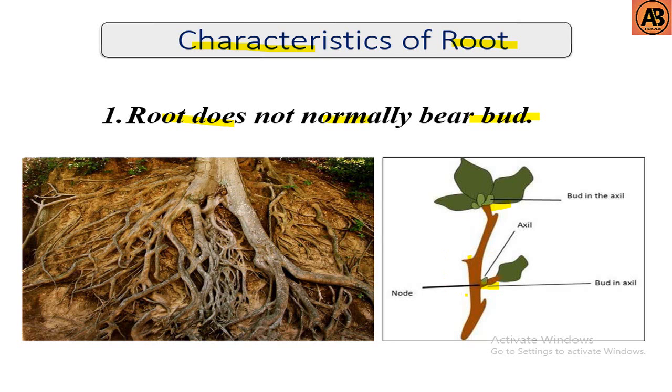That means bud became raised from the near of the leaf or near of the node in the stem, but we know that there are no bud in the root. So it is one of the most important characteristics that root does not normally bear bud.